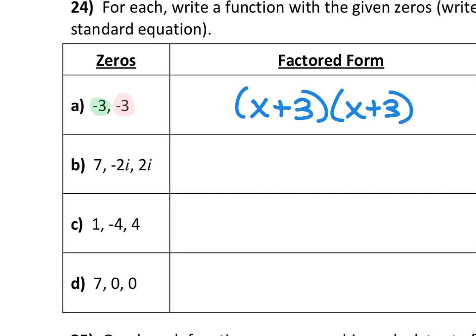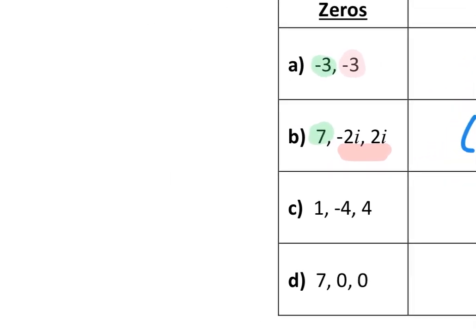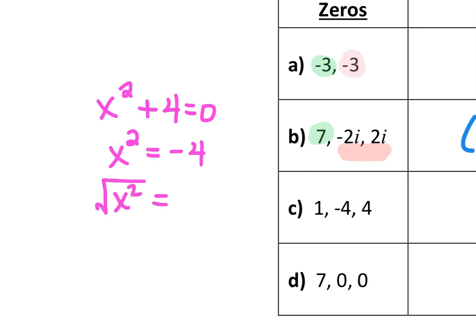And in this next one, the 7 gives you x minus 7, but then, lost my place here. This negative 2i, positive 2i is a little bit awkward. So let's take a look, and again, think backwards here. If I am giving you x squared plus 4 equals 0, and you're to solve that, x squared equals negative 4, take the square root of both sides.